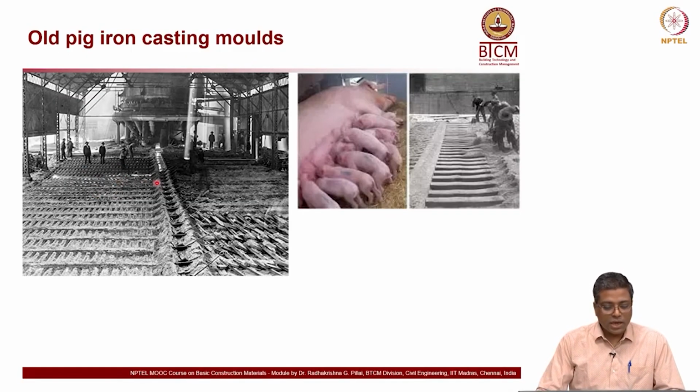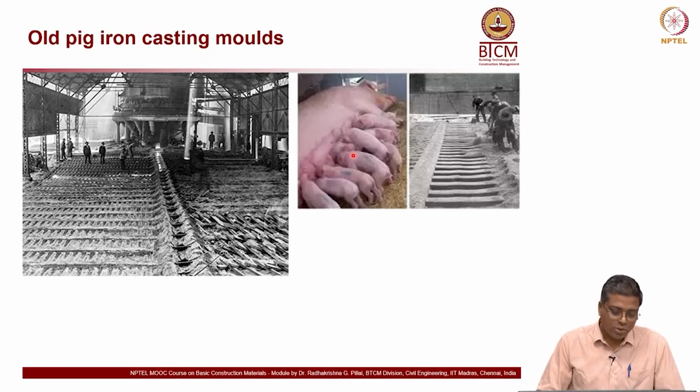So, this kind of picture resembles, if you take a photograph of piglets being breastfed, it will somewhat resemble that, and that is how the name pig iron came about, or people started calling it pig iron.